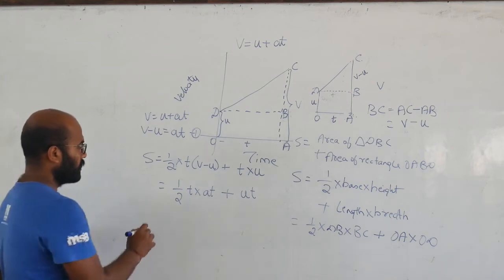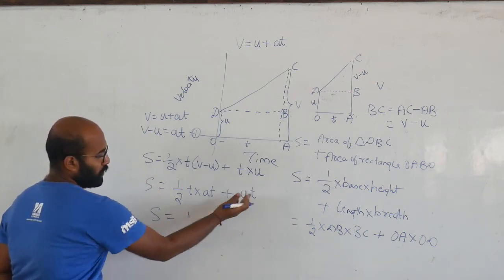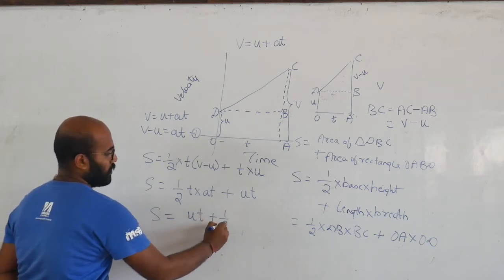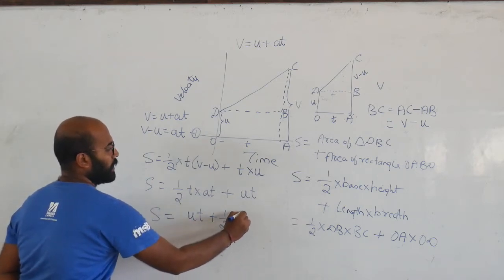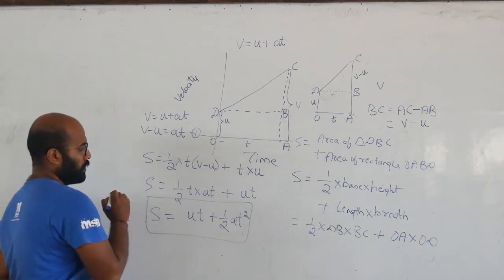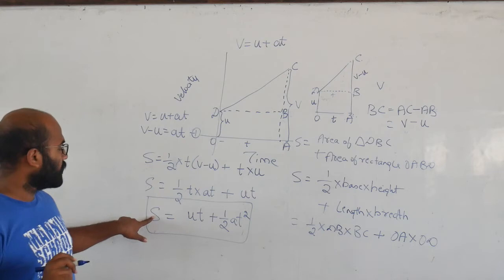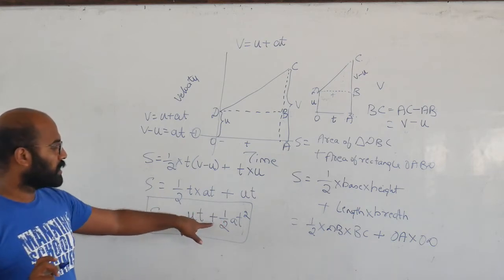Rearranging, s is equal to ut plus half at into t, that is at square. So this is one more important equation. Displacement s is equal to ut plus half at square.